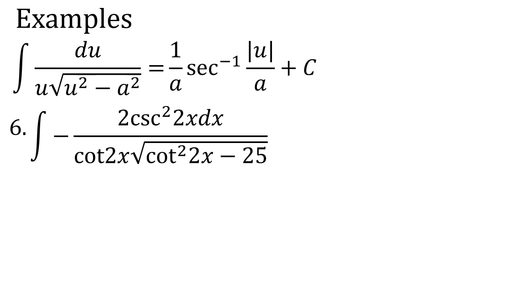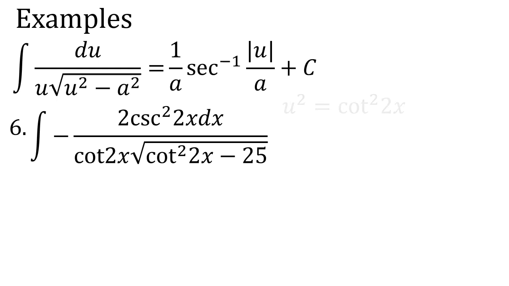For example number 6, let's have the integral of negative 2 cosecant squared 2x dx over cotangent 2x times the square root of cotangent squared 2x minus 25. So again, our given is in the pattern of du over u times square root of u squared minus a squared. So its integral will be 1 over a arc secant absolute value of u over a plus c.